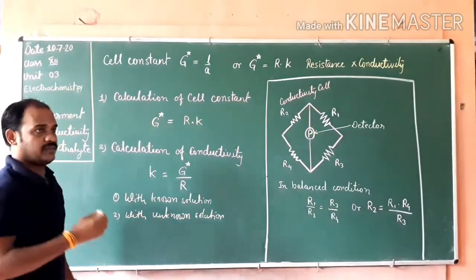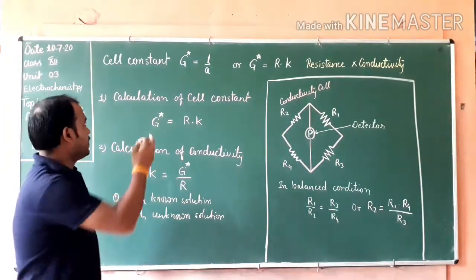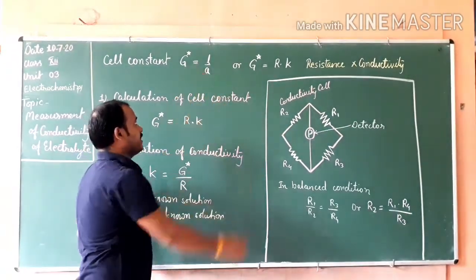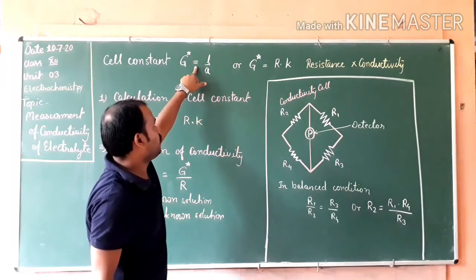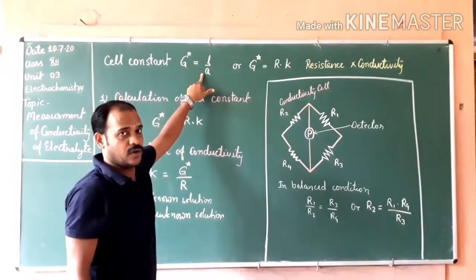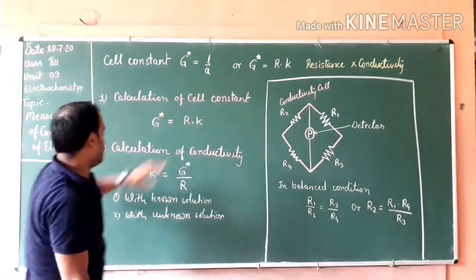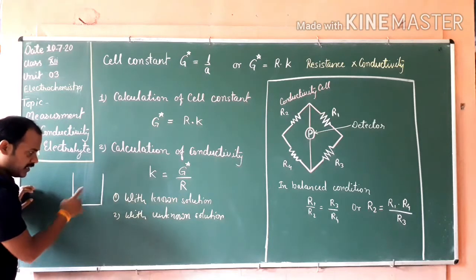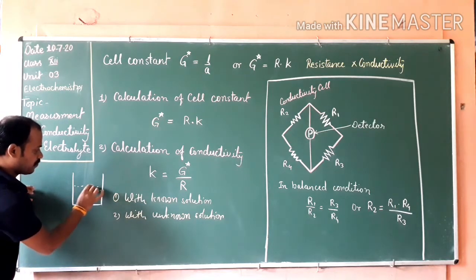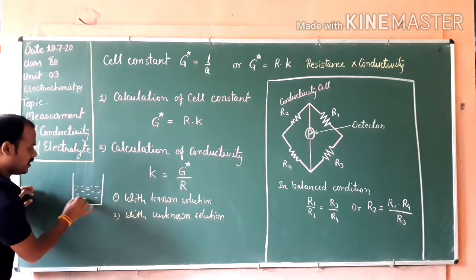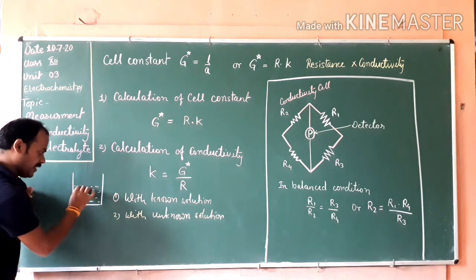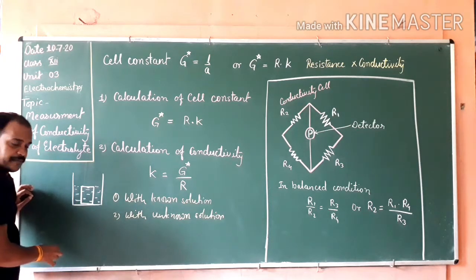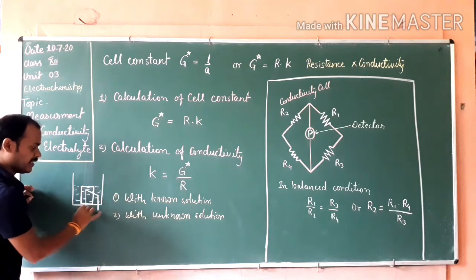So we have to find one constant, and that constant is known as the cell constant. This is the ratio of length and area of cross section of a cell. If we are going to calculate the conductivity of a solution in this beaker, suppose we fill it with water, it will be difficult to take length 1 centimeter and area of cross section also 1 centimeter square.